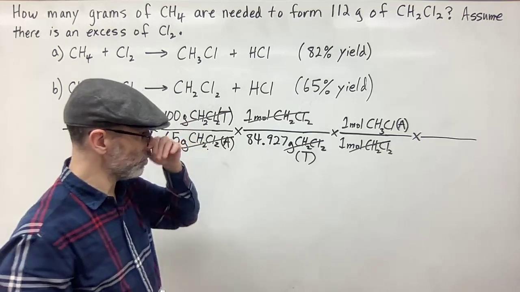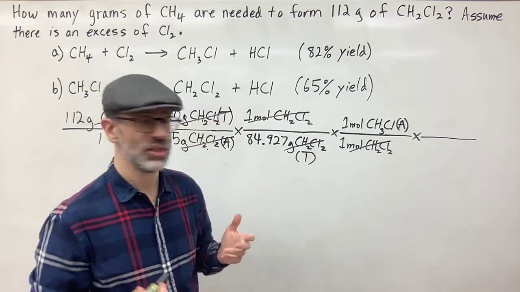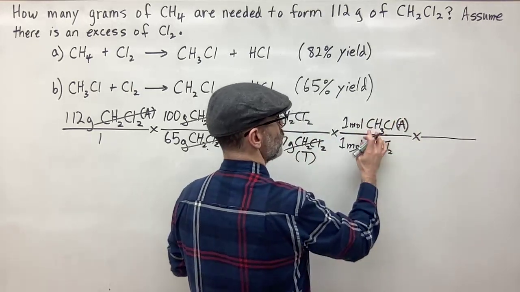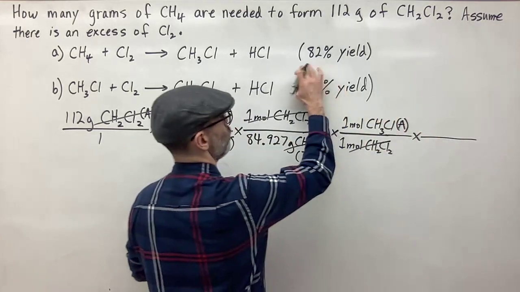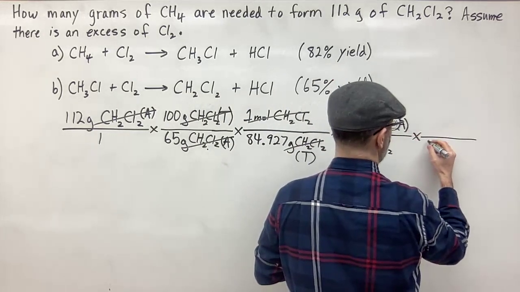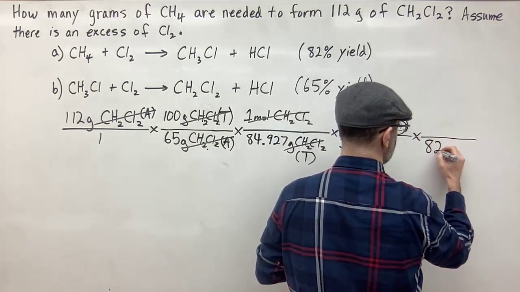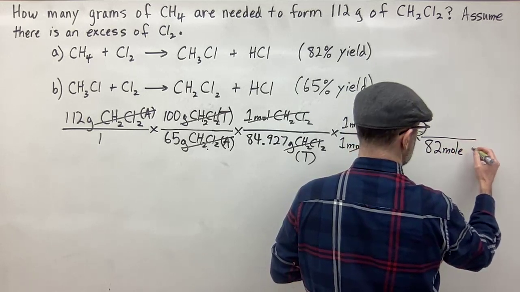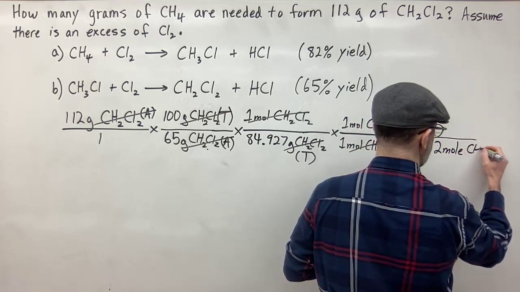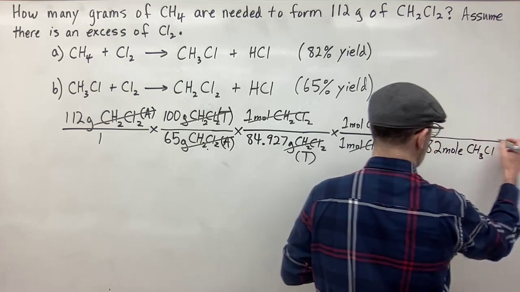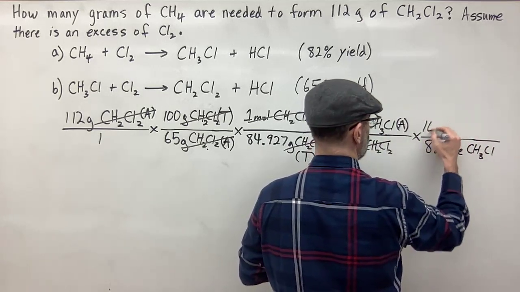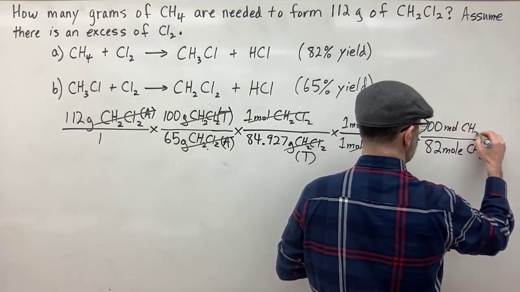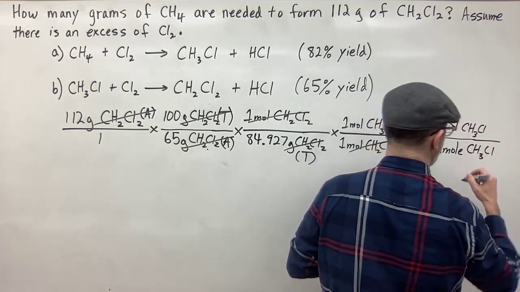So since we have moles here, we can use the percentage in terms of moles. So this is actual, so we're going to put the actual on the top. Out of 100 grams, actually it's 82 grams or 82 moles. So we're going to put 82 moles of the CH3Cl on the bottom, and we're going to put 100 moles of CH3Cl on the top.